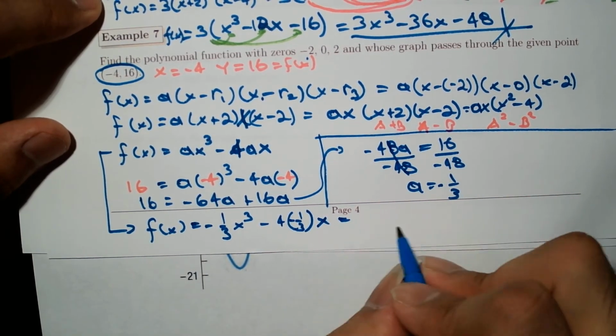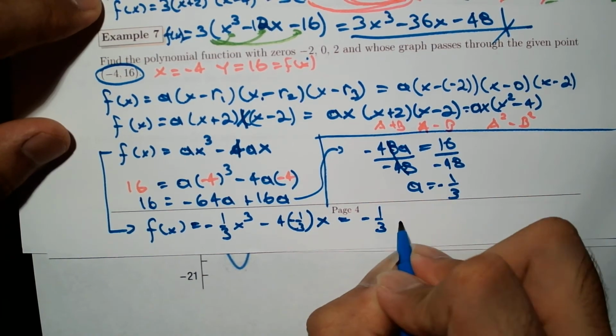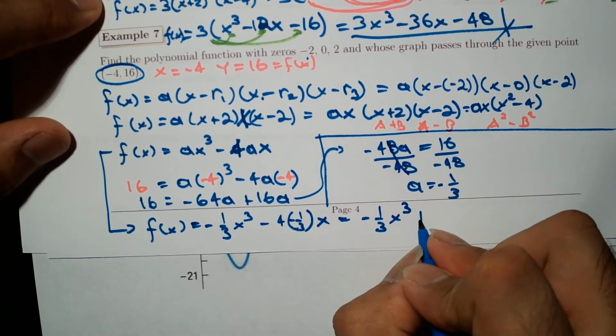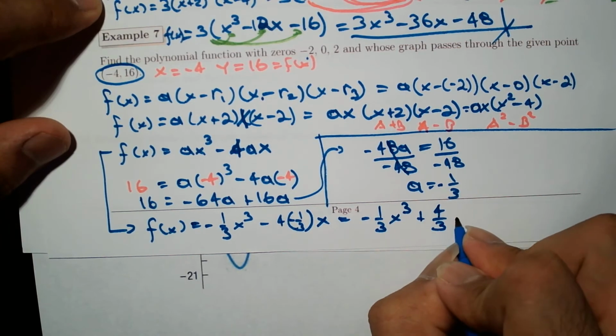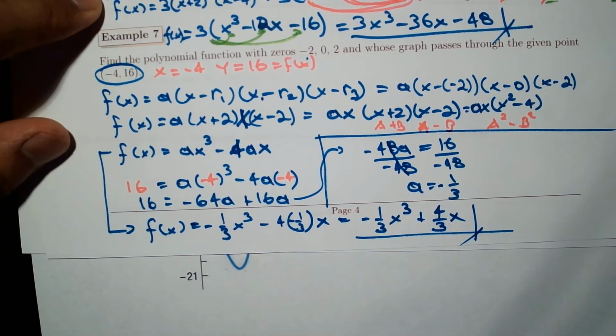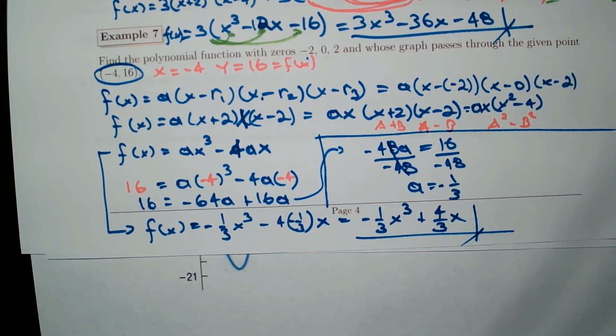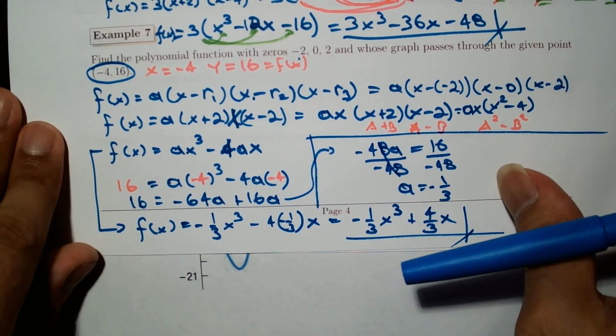Simplifying this, we get -1/3 x cubed plus 4/3 of x. All right. So that's what we get for this exercise.